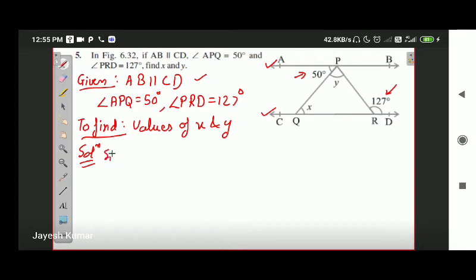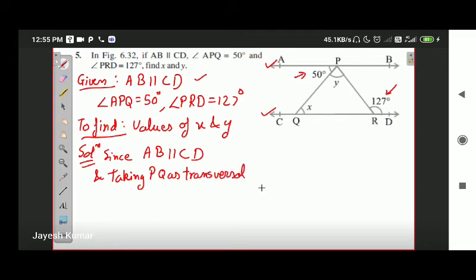Since AB is parallel to CD and taking PQ as transversal, what happened here is X is equal to 50 degrees.